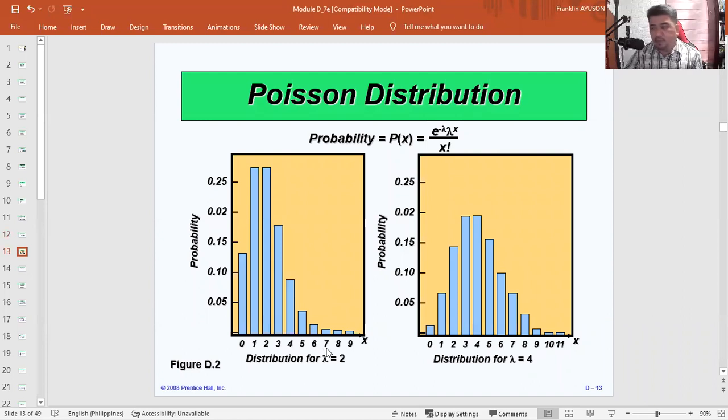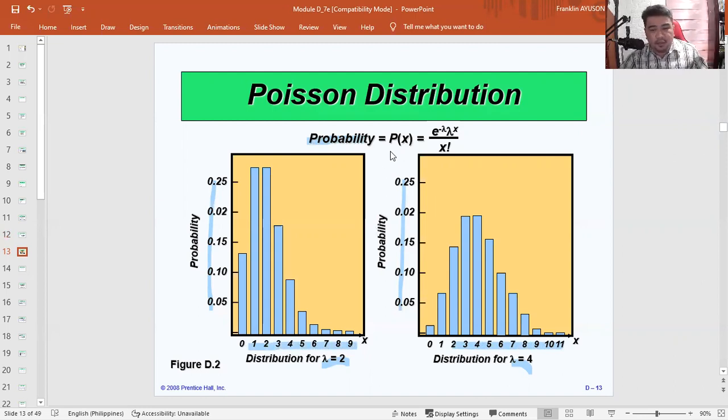Now we can understand that our probability, in consideration of the distribution for lambda 2 and for lambda 4, at a certain level of probability from 0.05 to 25% probability of X arriving, we have a certain number of X to expect at a certain Poisson distribution probability.